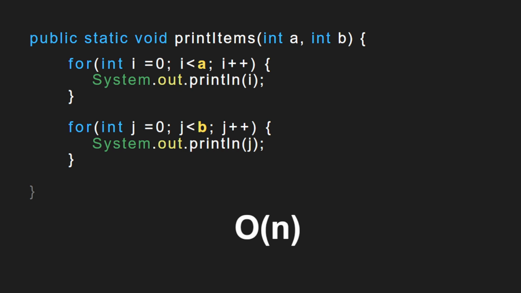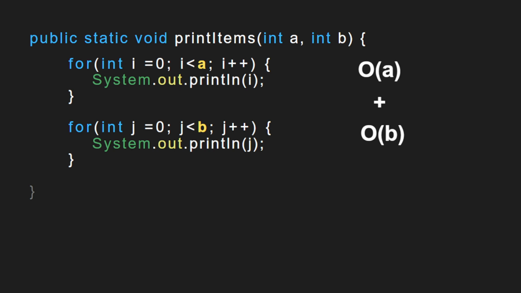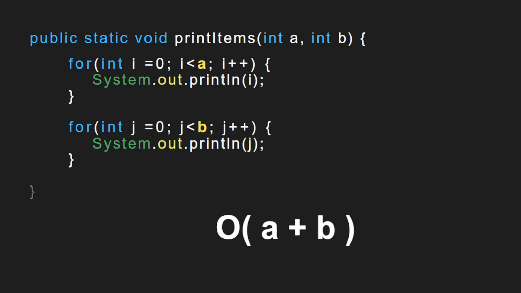If you think about this from an algebraic standpoint, you cannot say that A is equal to n and B is also equal to n. So you would have to say that this is O of A and this is O of B. And when you add them together, this becomes O of A plus B. And this is as far as you can simplify this.